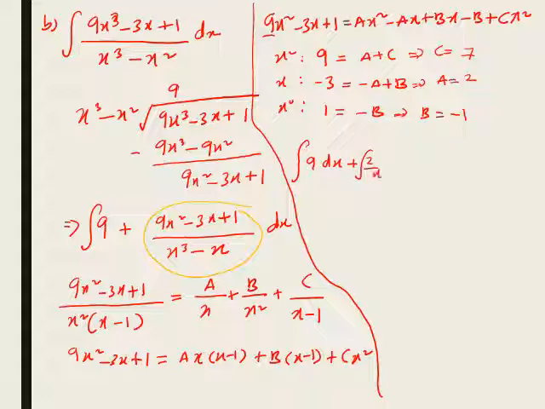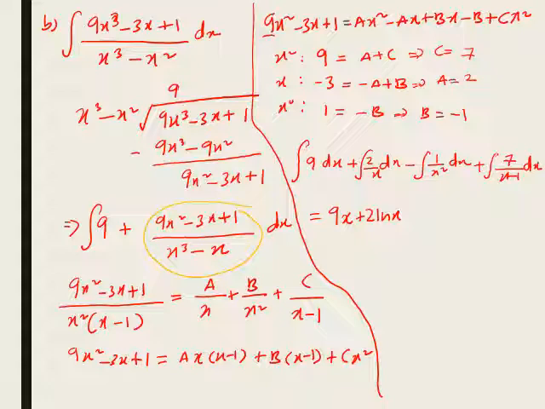So it's actually we want to integrate 9 dx plus integration of 2 over x dx, okay, minus integration of 1 over x squared dx plus integration of 7 over (x minus 1) dx. So what's the answer? It will be 9x plus 2 ln|x|.